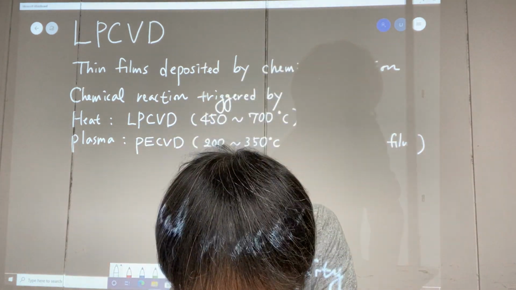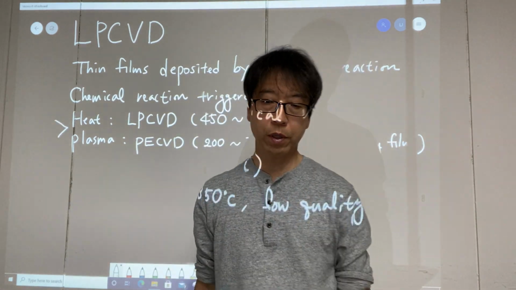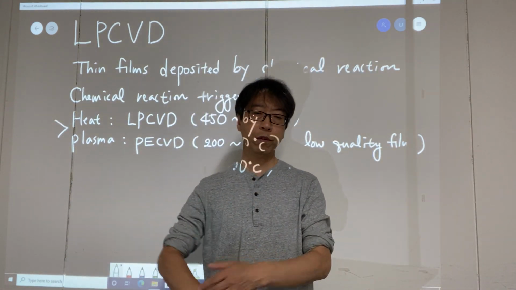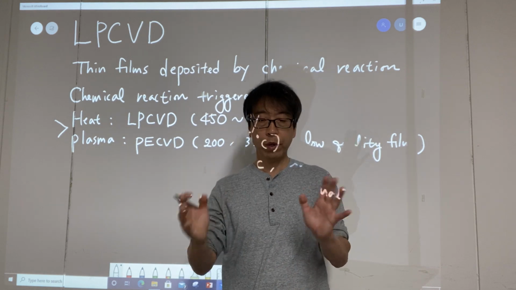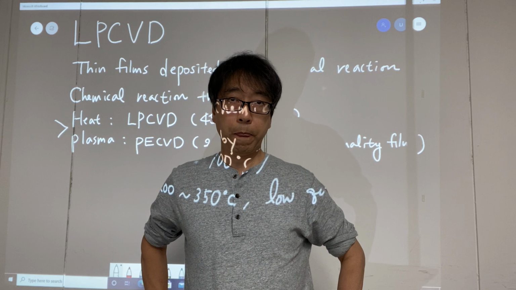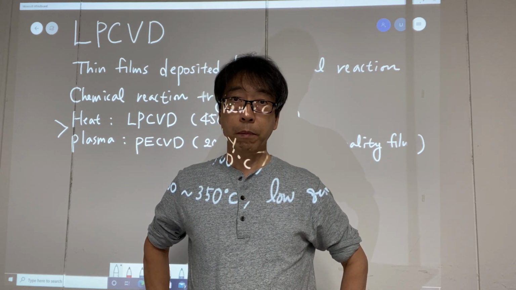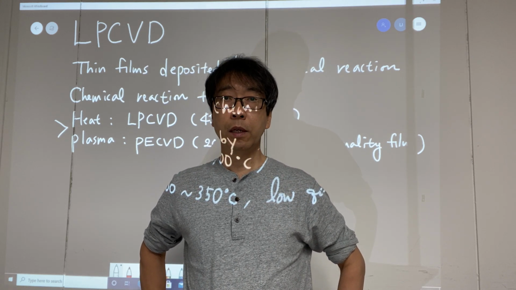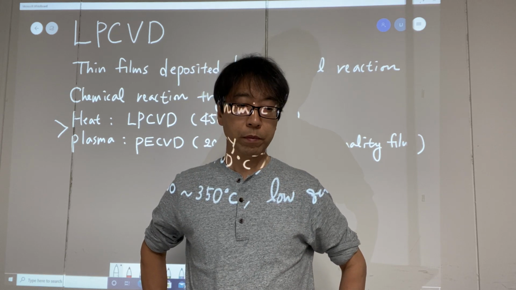Well, why is this gap important between 350 to somewhere around 600 degrees Celsius? Well, in many cases, people use metal, especially the metal, something like aluminum, okay?